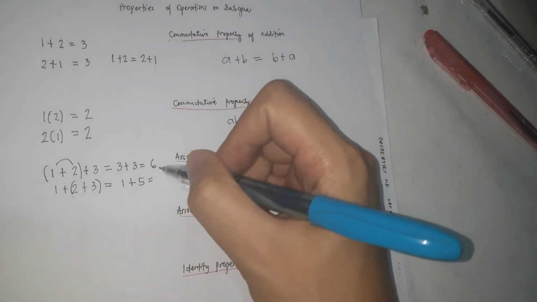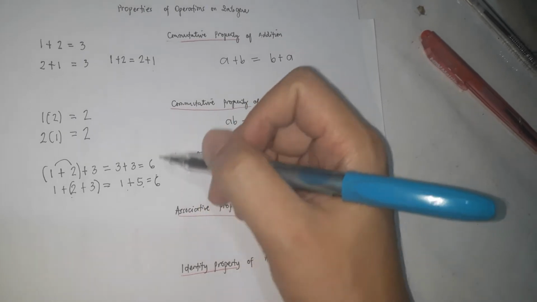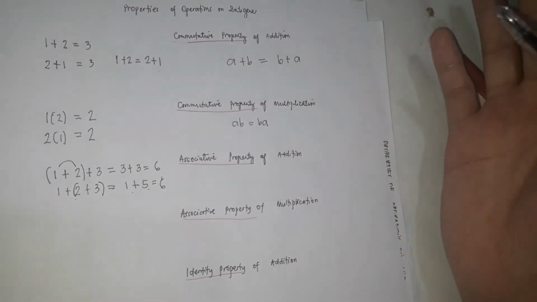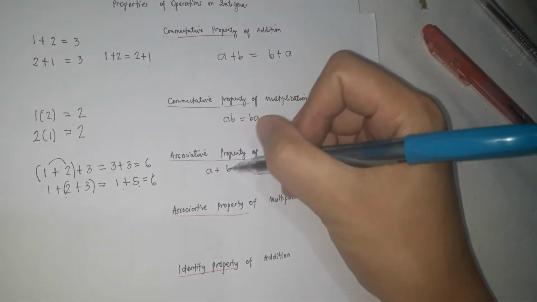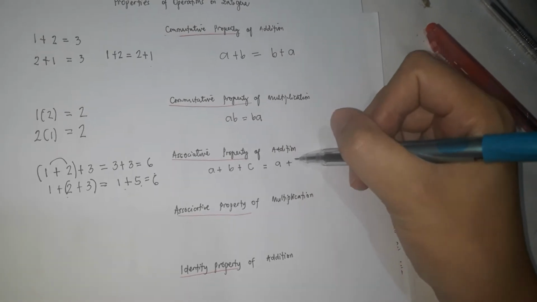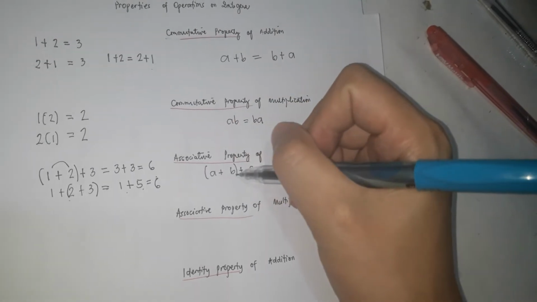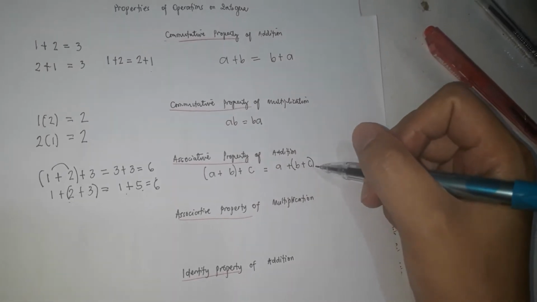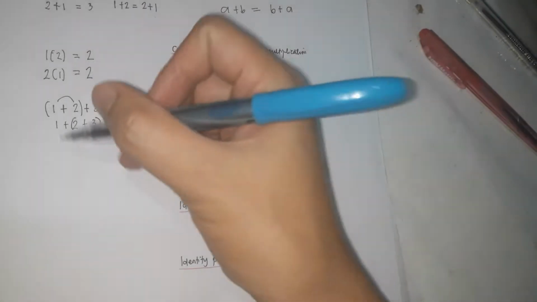Are we going to have the same result? 6. 1 plus 5 is 6, so we have the same result. So the associative property of addition tells that if you're going to change the grouping of the addends, it will just have the same answer. If we start with A plus B, it will have the same answer if we start with B plus C.